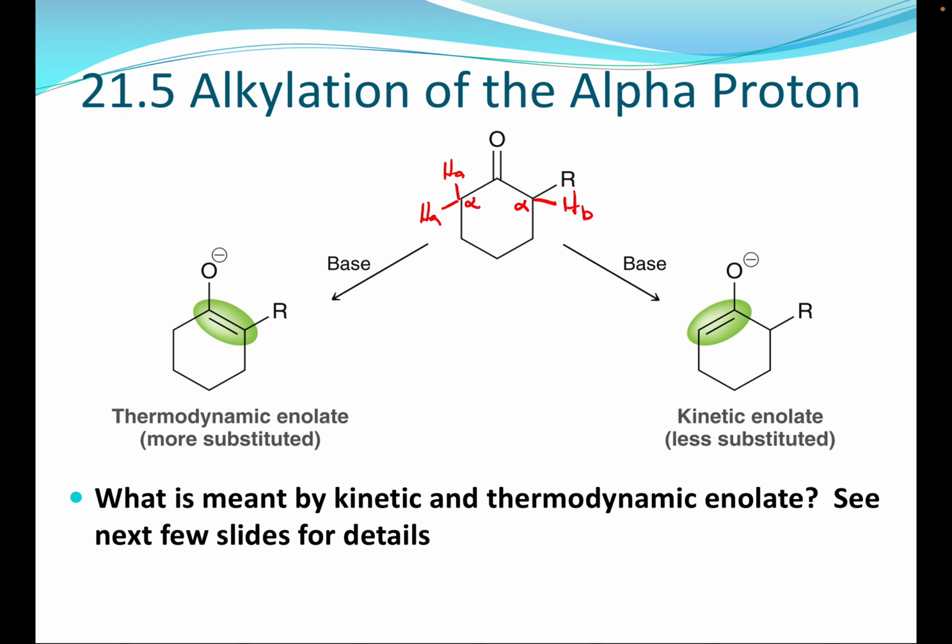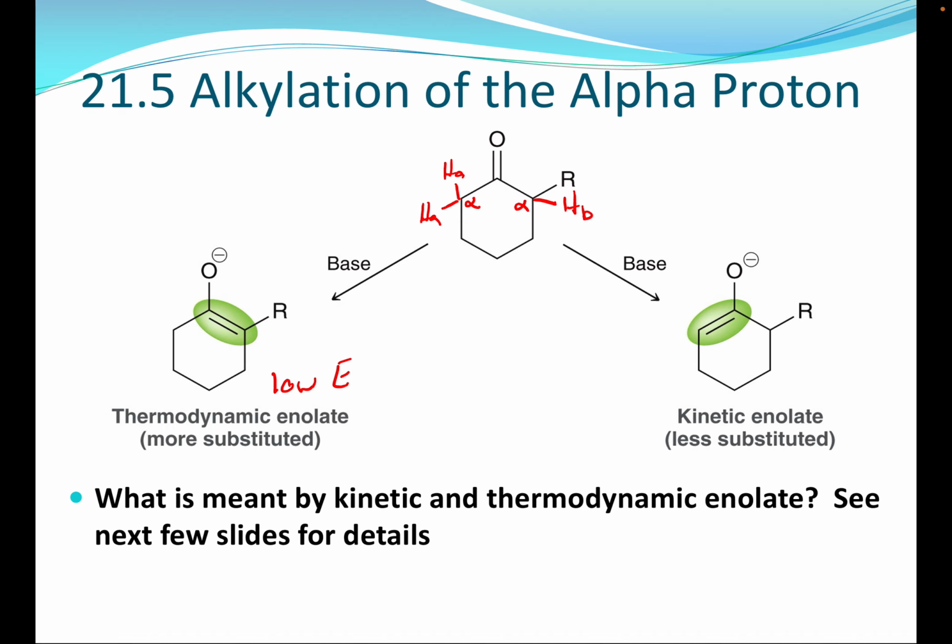So this enolate is a more substituted double bond, a more substituted alkene when it's in that enol form, which means it's lower energy overall. And of course, if we remember from our Gen Chem review, the thermodynamic product should be the lowest energy.